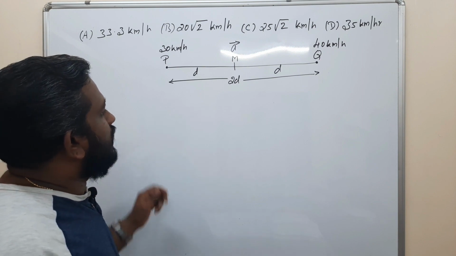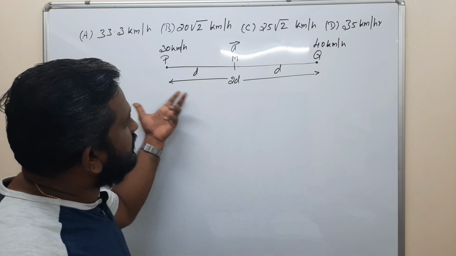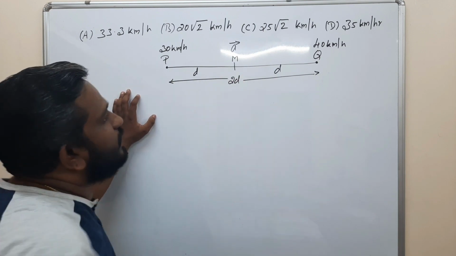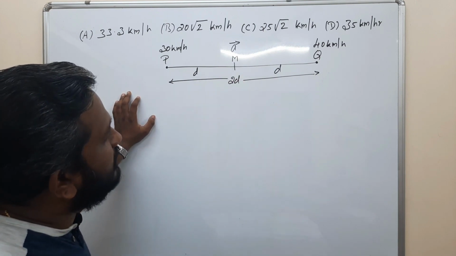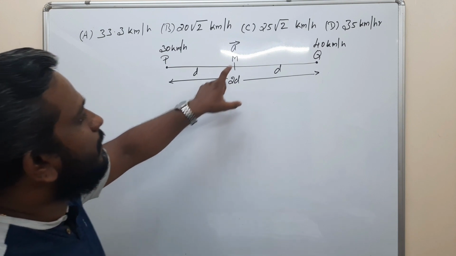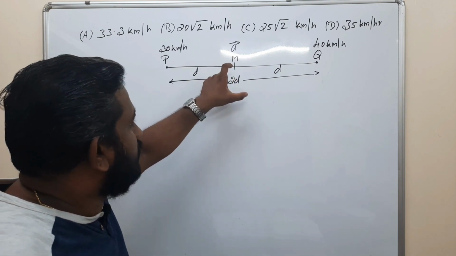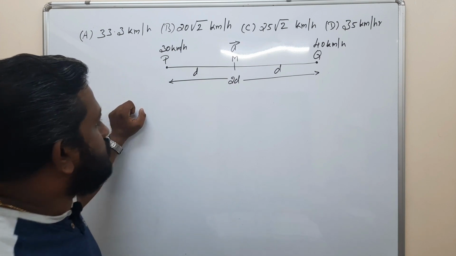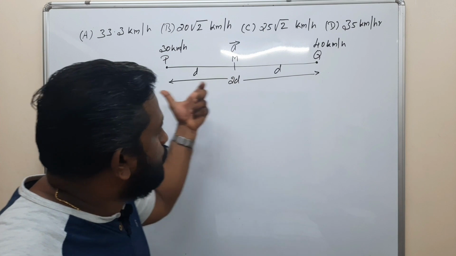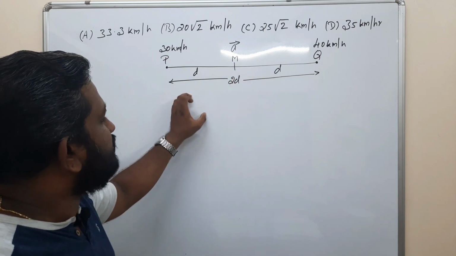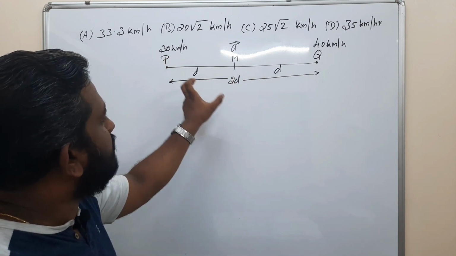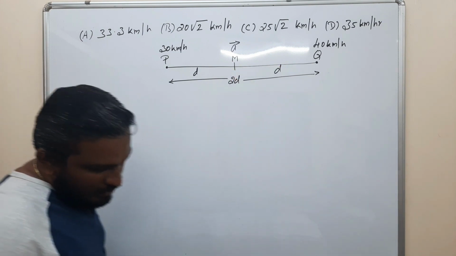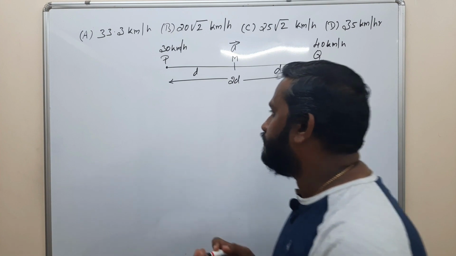The distance between these 2 points P and Q I am taking as 2D. We have to find the velocity of the car at the midpoint. So the total distance between P and Q is 2D, then the distance between P and M is D, and between M and Q is D. Now the solution.